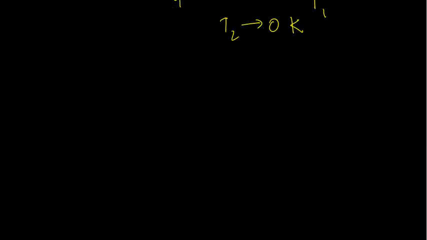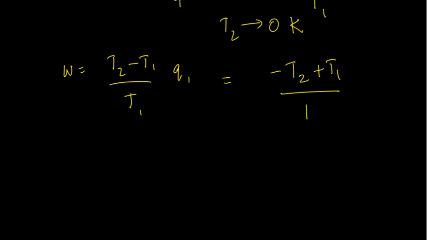The work done is equal to T2 minus T1 over T1 times Q1. But Q1 is not the heat input. I want to see how much is the work done compared to the heat input. So let's change it to Q2. We already know Q2 by T2 is equal to minus of Q1 by T1. So what does it come out to be? Minus T2 plus T1 by T2 into Q2.